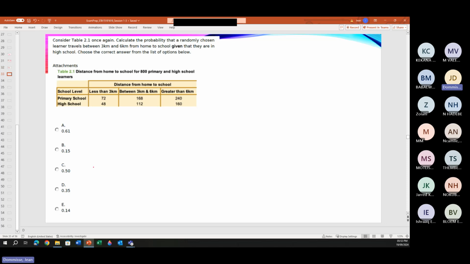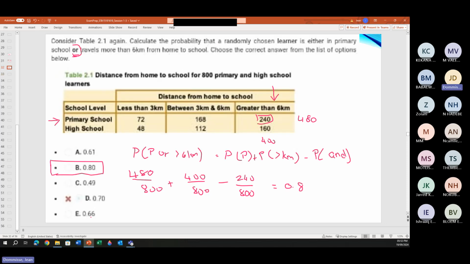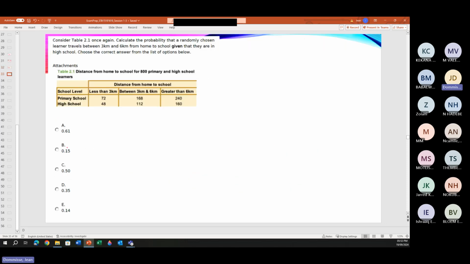So consider the table again. Calculate the probability that a randomly chosen learner travels between 3 and 6 kilometers, given that they are in high school.